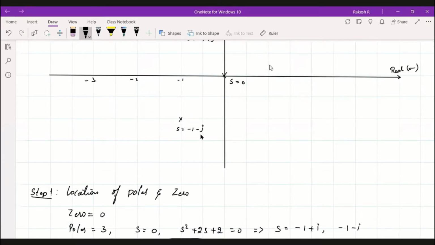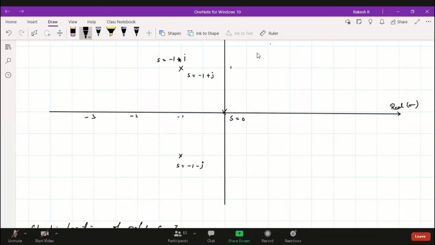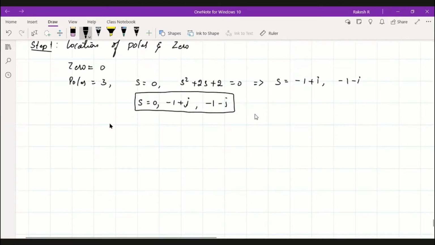These are the 3 poles we have: s equals 0, s equals -1 plus j and s equals -1 minus j.